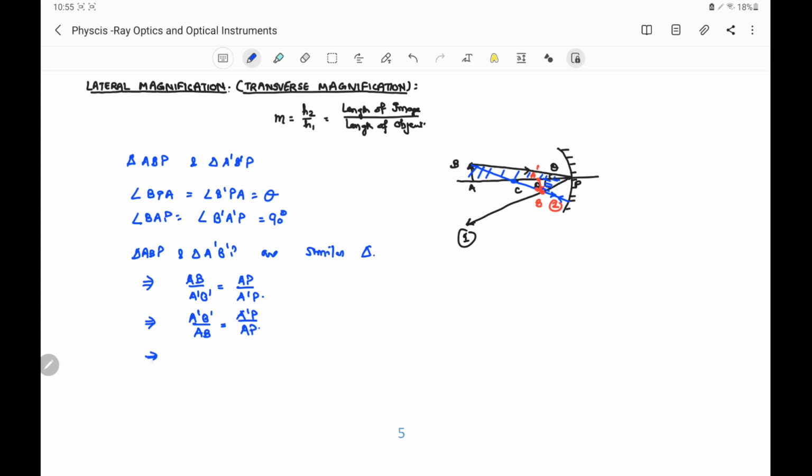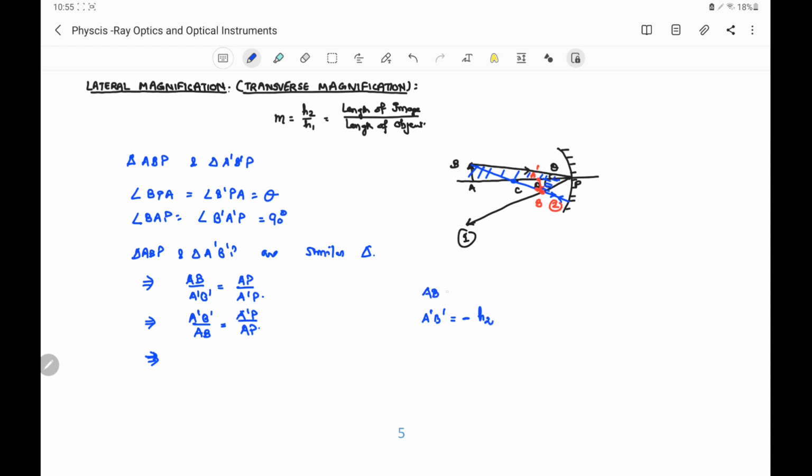Now substituting these values in the equation, A dash B dash is the length of the image, and because it is inverted, that is below the principal axis, it is taken negative as per the sign convention. Hence A dash B dash is minus h2.